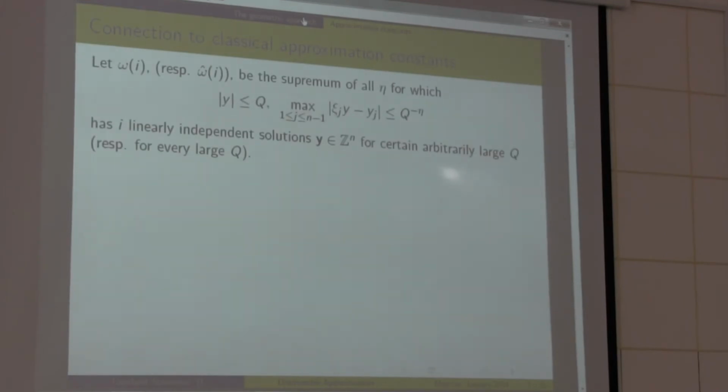Of course, we have already some well-known approximation constants that are defined in the following way. Let's start with omega.